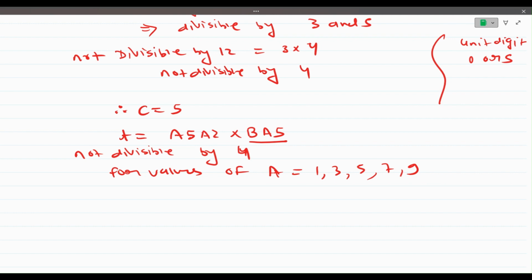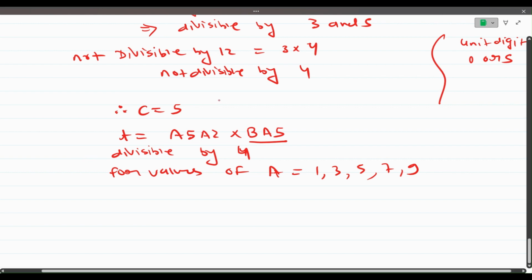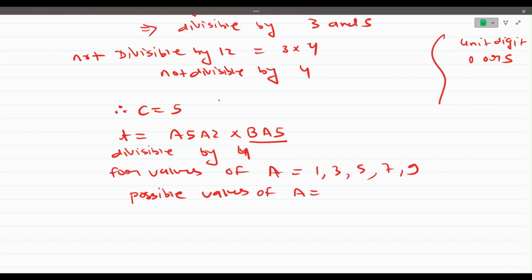It is divisible by 4 if you take A equal to 1, 3, 5, 7 and 9. Because it's given that it is not divisible by 4, the possible values of A are 2, 4, 6 and 8. Otherwise it will be divisible by 4.